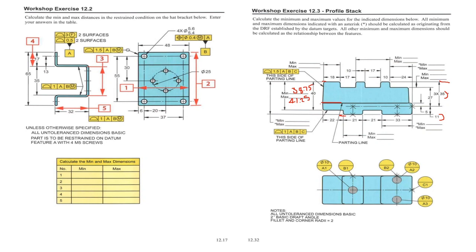So 35 minus 0.75 gives 34.25, and 11 minus this 0.5 profile tolerance is 10.5.